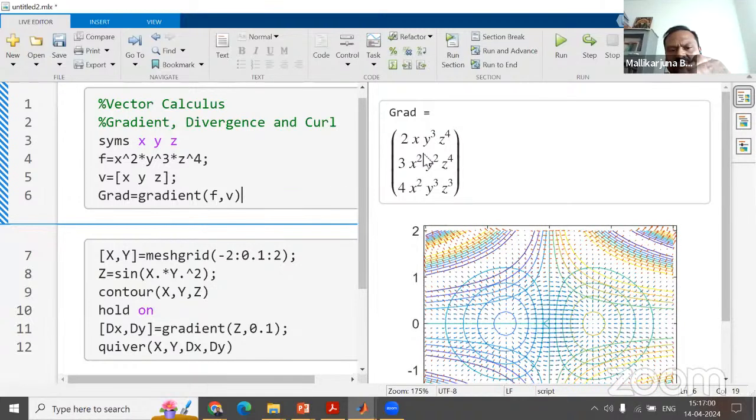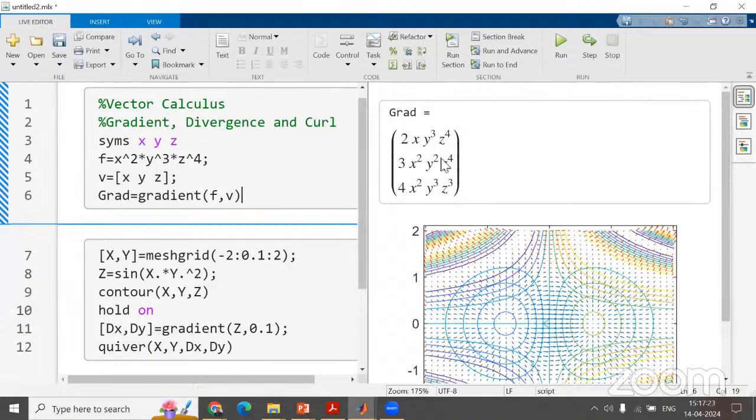No, this is a vector form only. 2x y cube z power 4 is the i component. 3x square y square z power 4 is the j component. 4x square y cube z cube is the k component. Is that clear, right? Yes, sir. Yes, sir, it's clear.